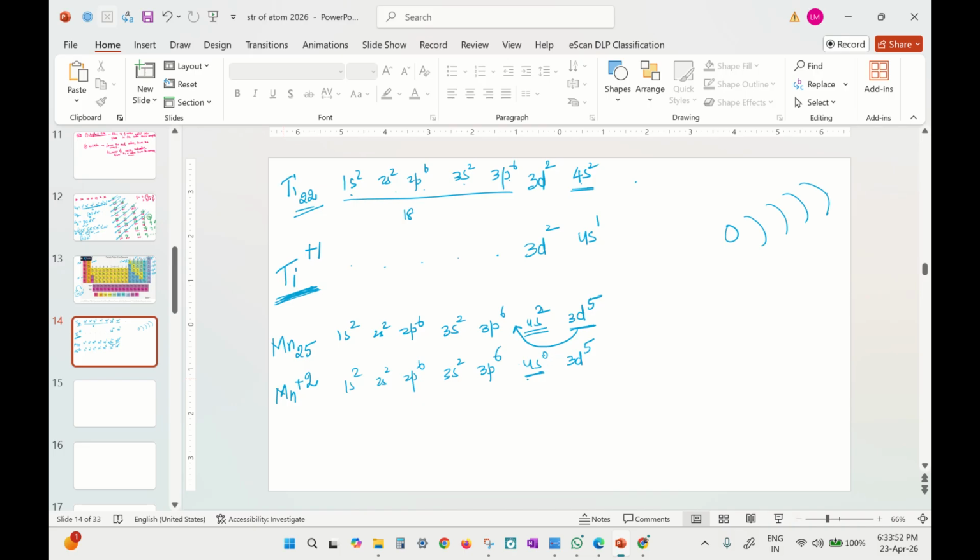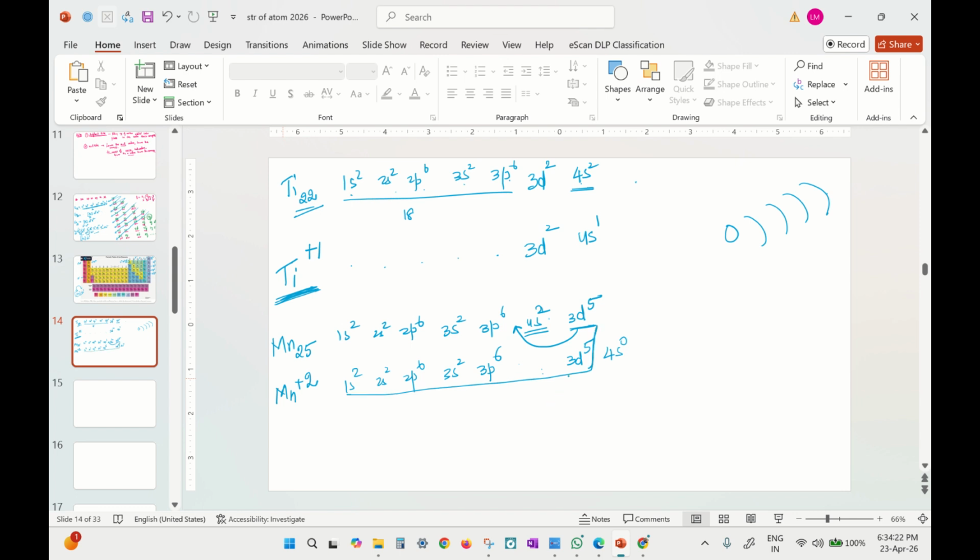We shouldn't omit it. We are informing that the electrons have been lost from the fourth shell. See, Vishak, even if you write like this, there is technically nothing wrong about it.